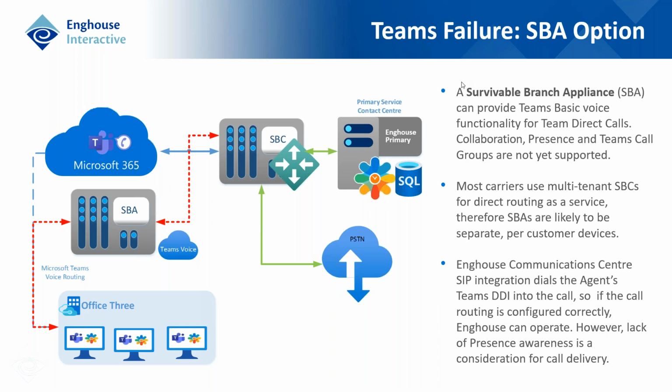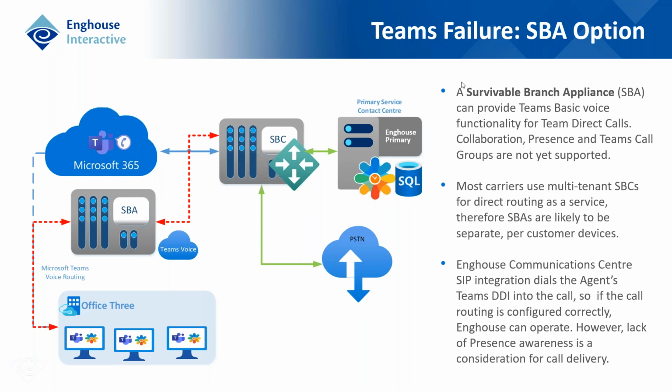It's really living in your carrier's, whether it's BT, Vodafone, whoever your lines are with. Those carriers will be doing the routing for you from their location and their data centers. Those SBCs are normally big multi-tenant SBCs, and the carriers don't tend to like putting in an SBA at that level, because they'd have to configure them for all of their individual customers.